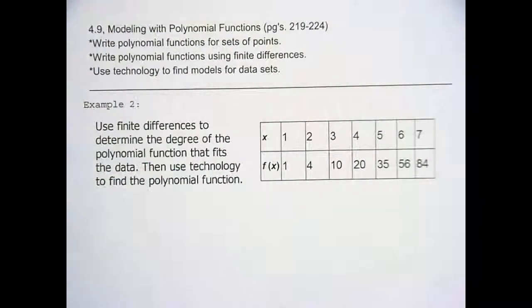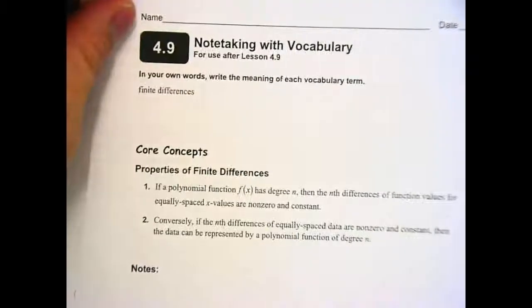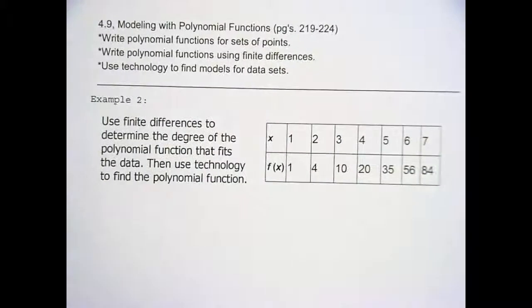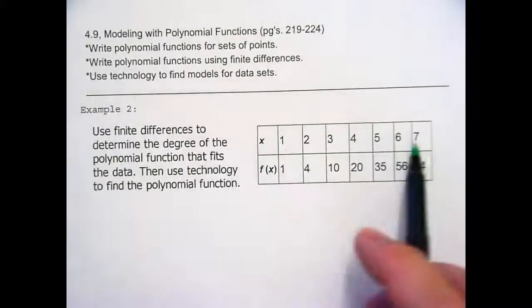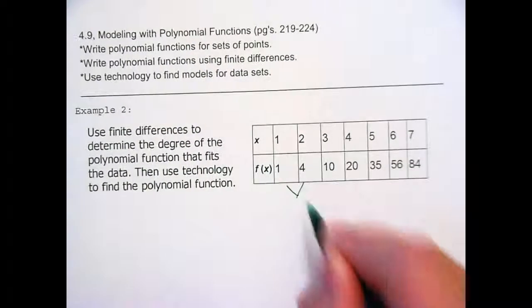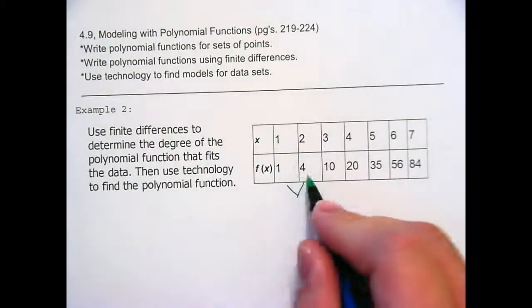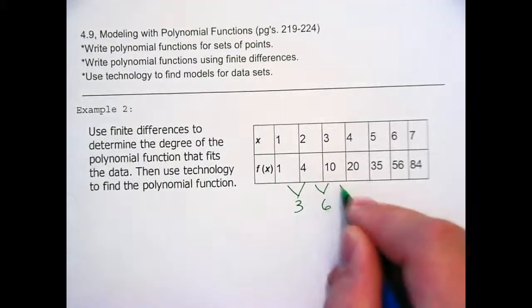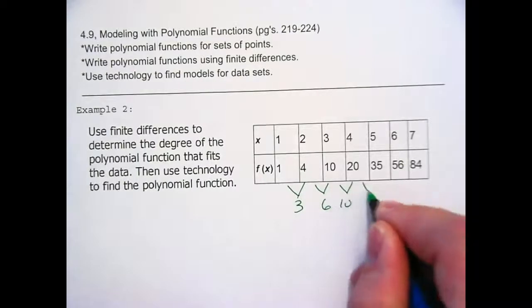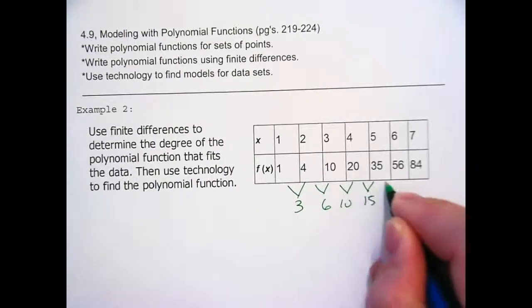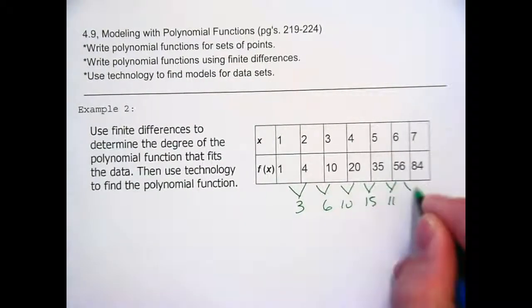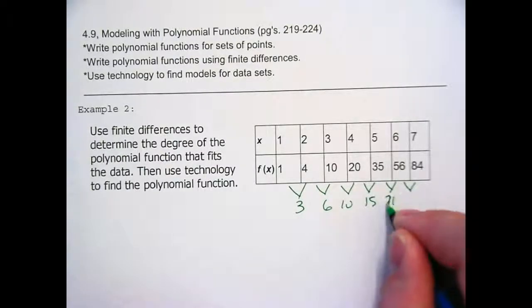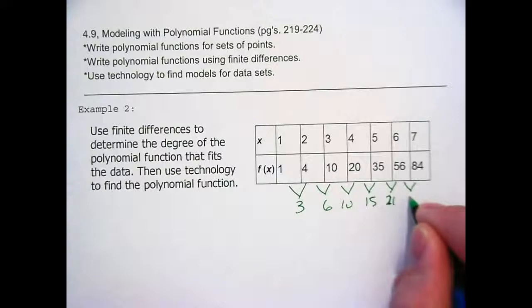So what this says is what we're going to do here. You'll notice your x is increasing by a constant right here. What's the difference? Here, here, here, here, and here. That's 21. 28.